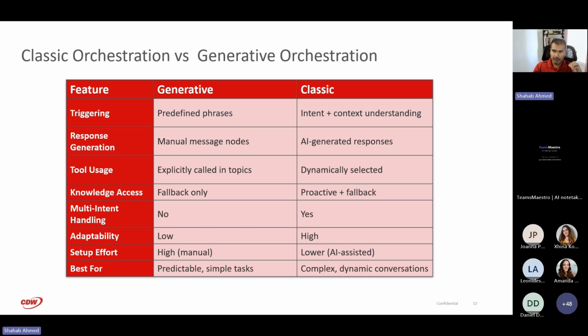The agent is behaving in a fully controlled way, so if you're working in a compliance-heavy scenario or a regulated environment, you want to not be working in the generative piece. You want to be working from a classic perspective, right? If you've got simple repetitive tasks, FAQs, or form submissions, you are going to be looking at the classic one.